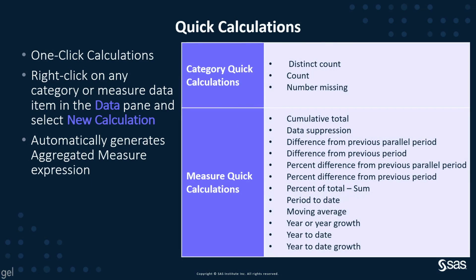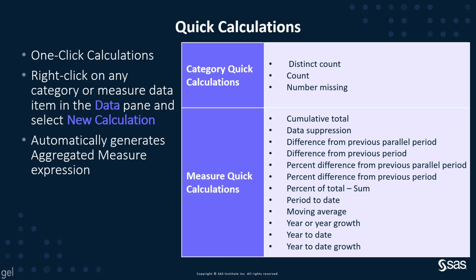Let's have a discussion about quick calculations. Quick calculations are SAS Visual Analytics' easy button to create aggregated measures. So it's a one-click calculation where when you right-click on any category or measure data item in the data pane, select New Calculation. From the available calculations, SAS Visual Analytics will automatically generate the aggregated measure expression for you.